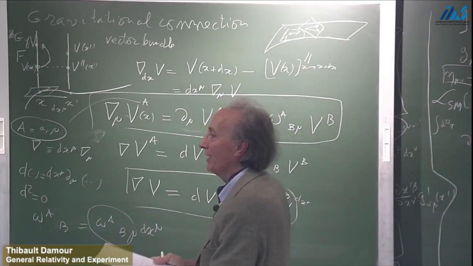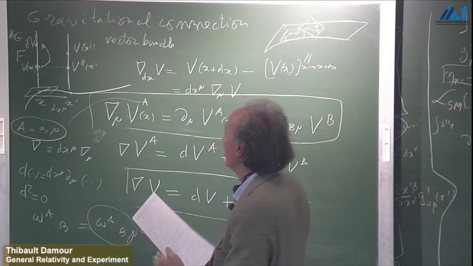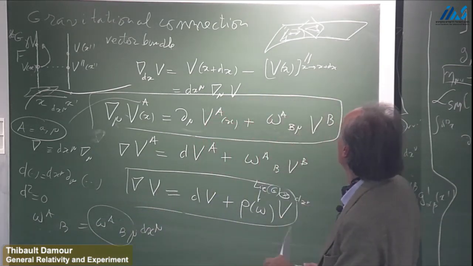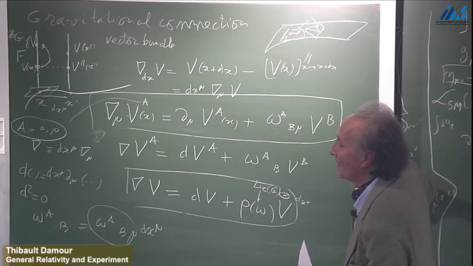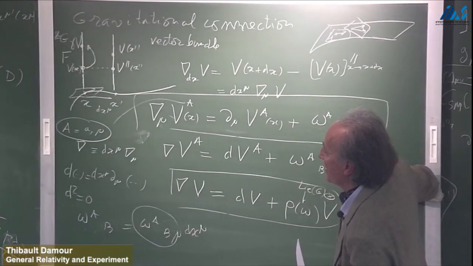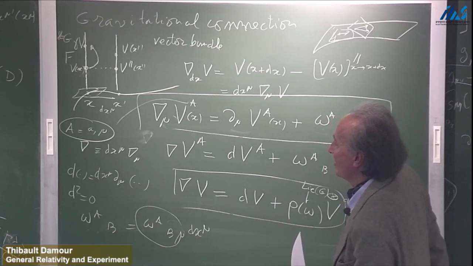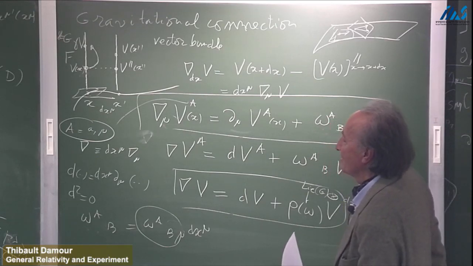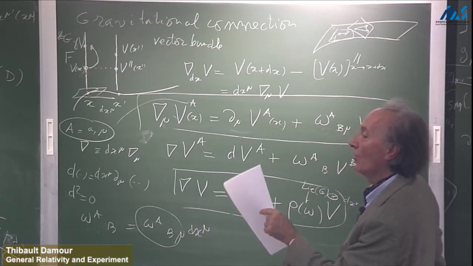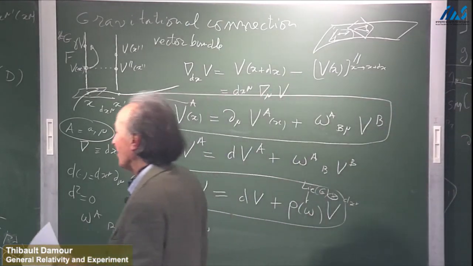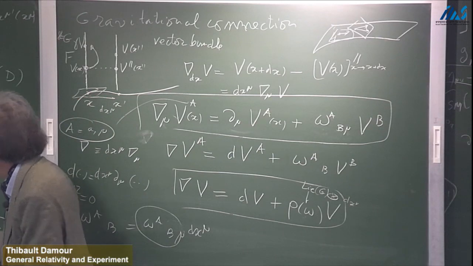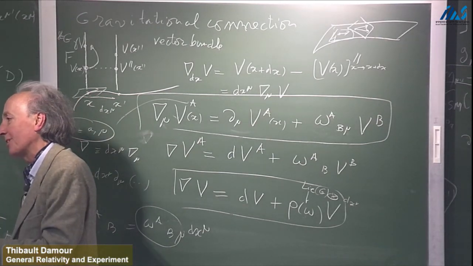Sorry, that condition that the covariant derivative should commute, I thought that the commutator of two covariant derivatives was proportional to the Riemann tensor. This is true, but it is true when this object has vectorial or tensorial indices.